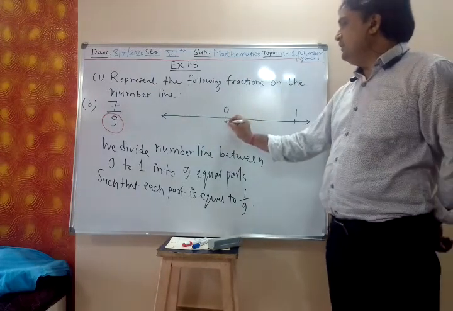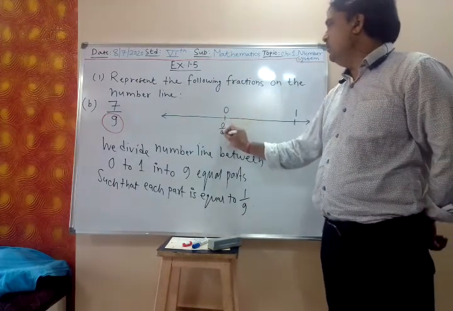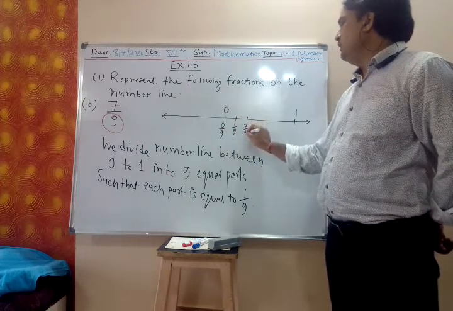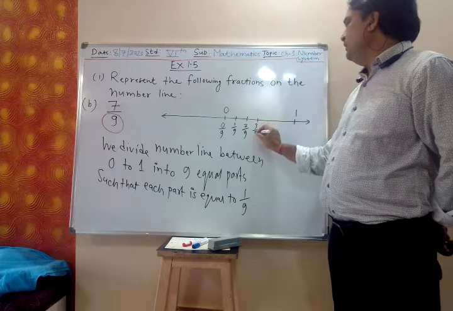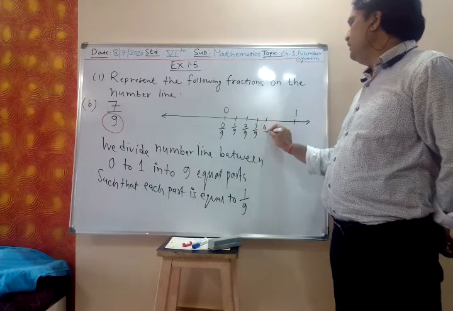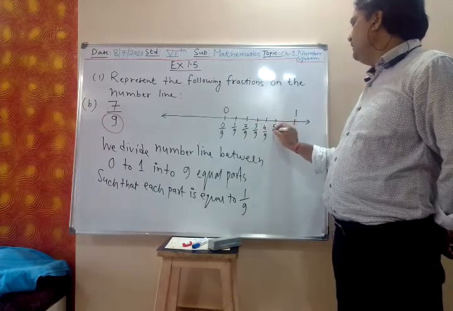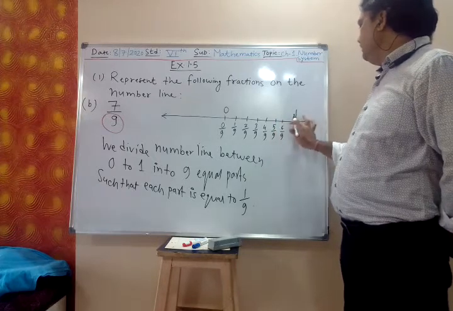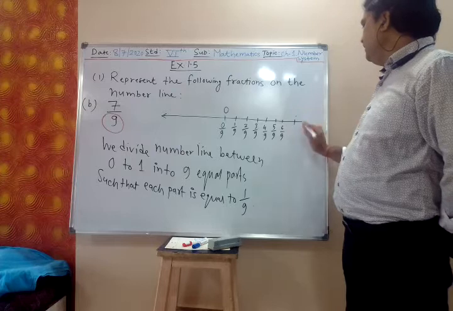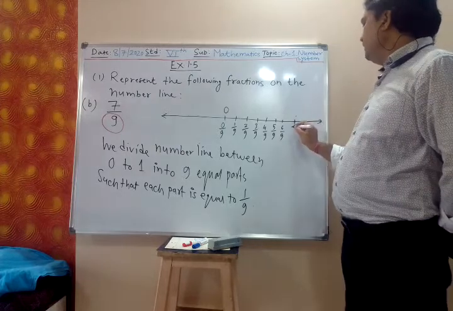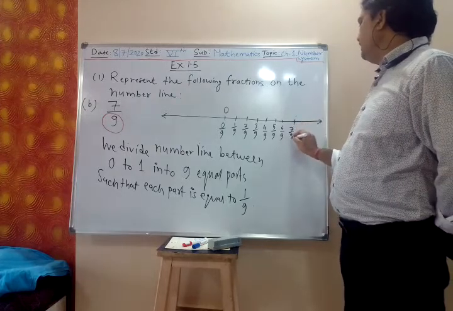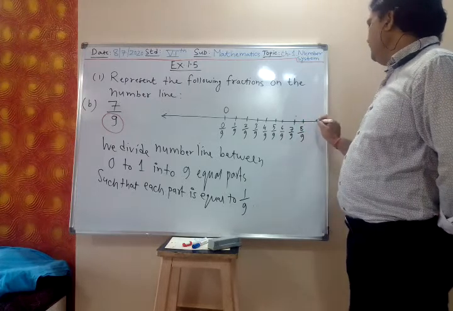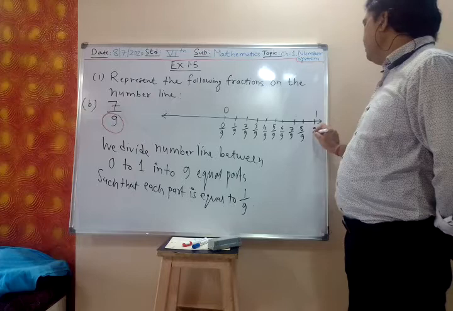So 0 upon 9 is 0, then 1 upon 9, 2 upon 9, 3 upon 9, 4 upon 9, 5 upon 9, 6 upon 9, then 7 upon 9, then 8 upon 9, and this is 1 which is 9 upon 9.